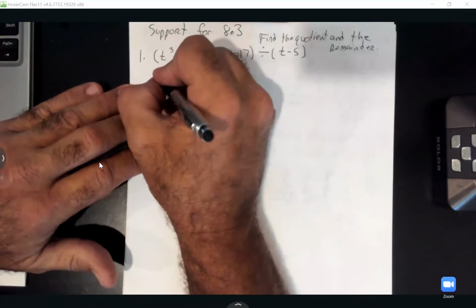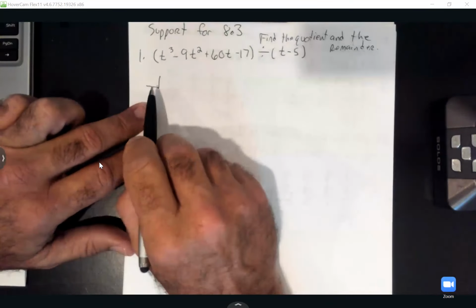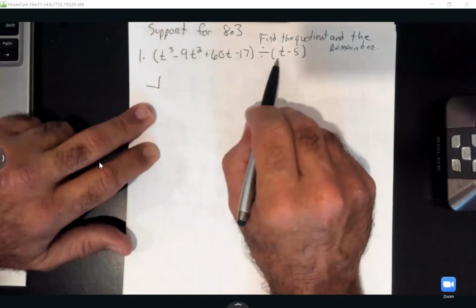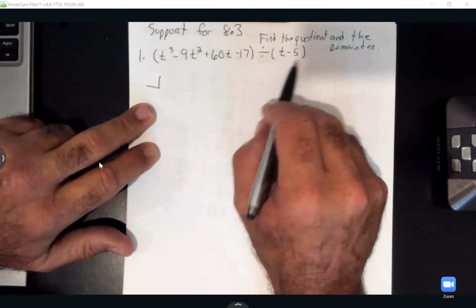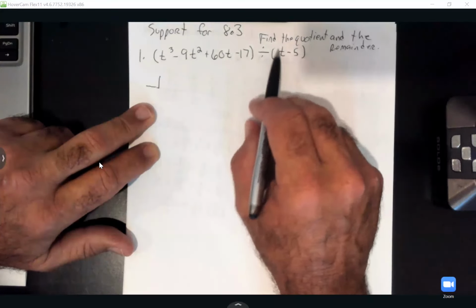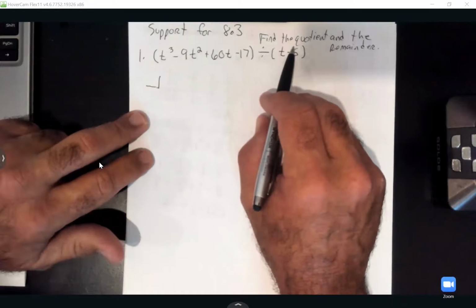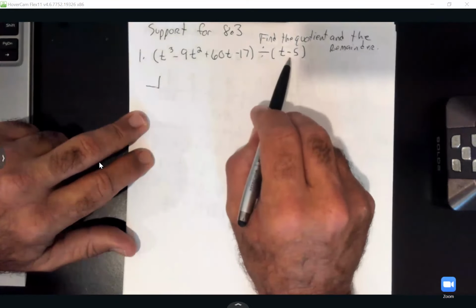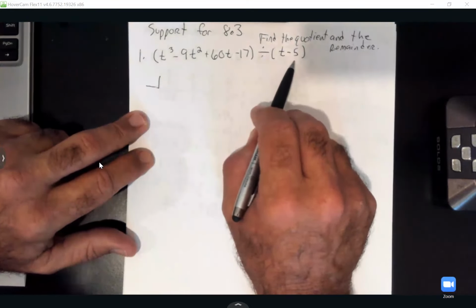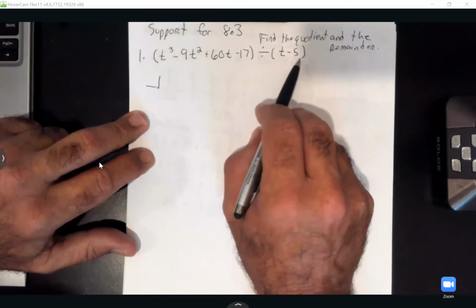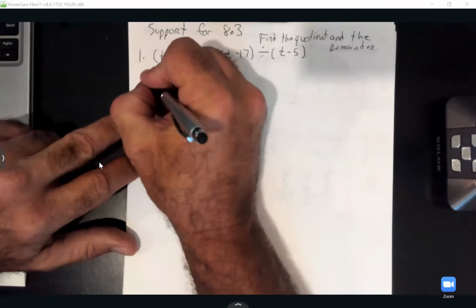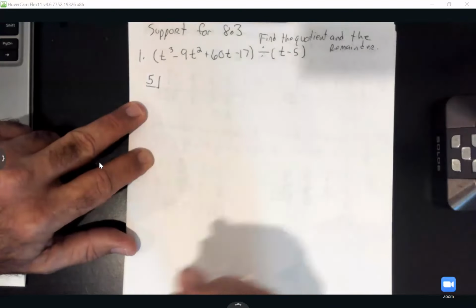Okay, so first thing we got to do is figure out our C. When your C is in factor form like this, my C will always be the opposite sign than the factors. So if your factor is a negative 5, your C will be a positive 5.